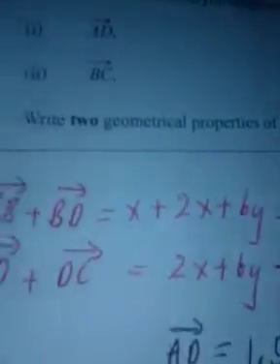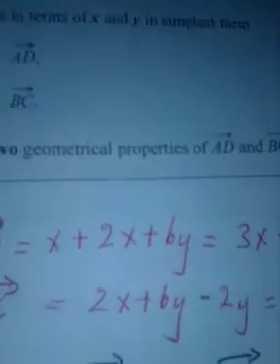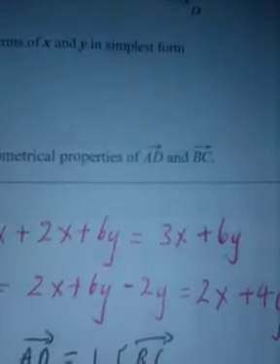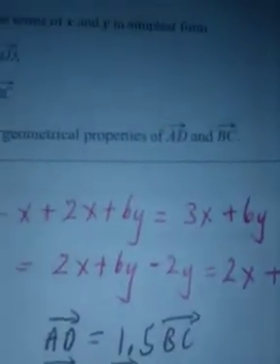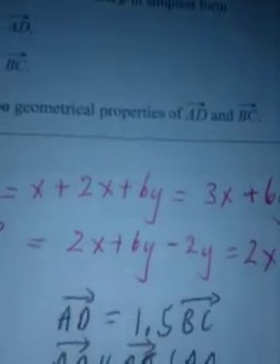Once again, BD is going to be 2X plus 6Y. And DC, I'm now flowing against the grain, so it becomes a minus 2Y instead of a plus 2Y. Adding them up, I get 2X plus 4Y.